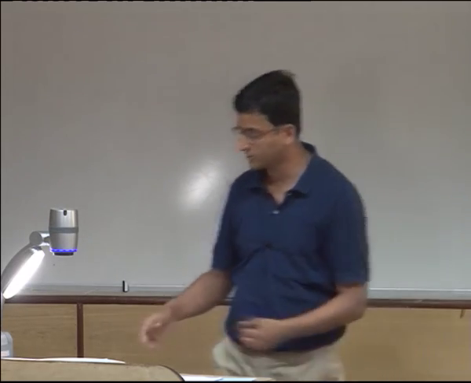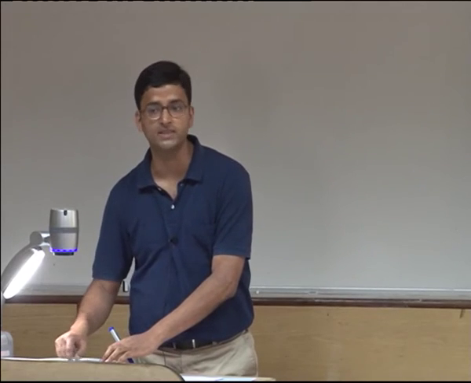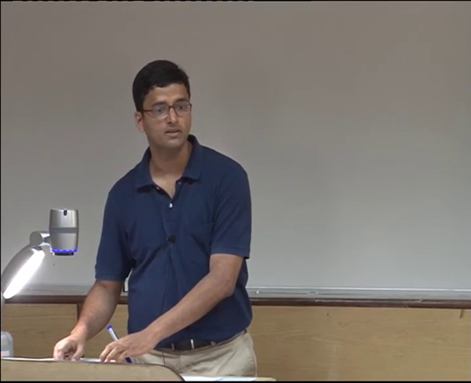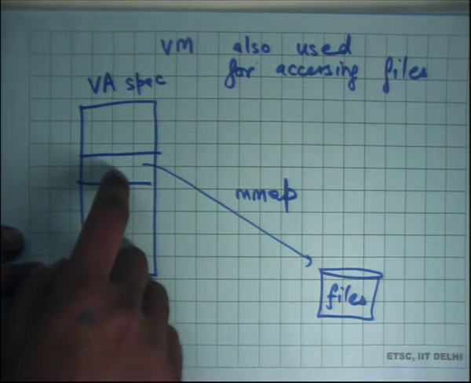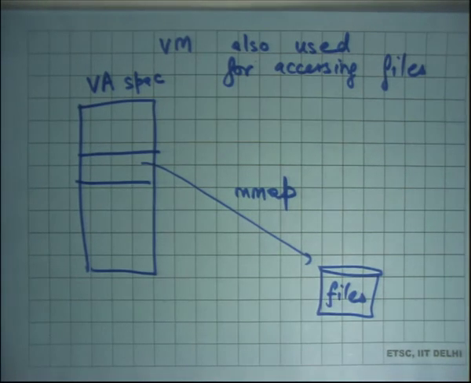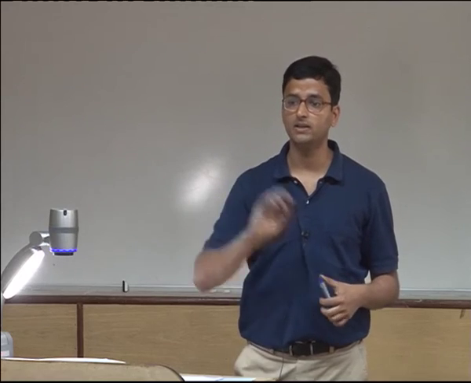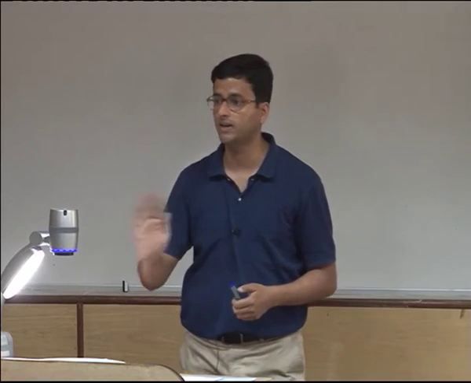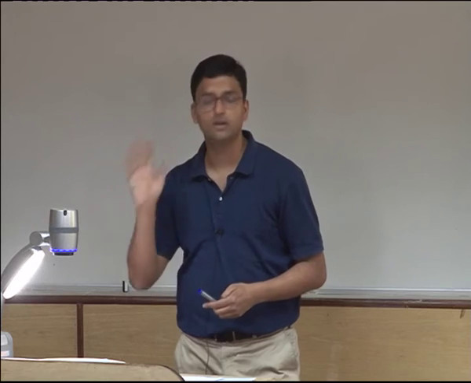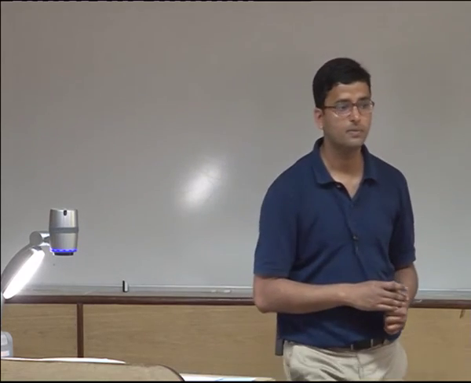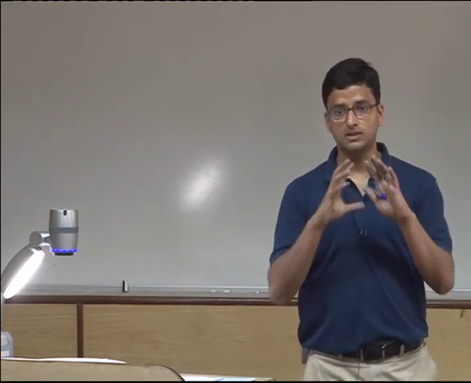To make it efficient, of course, the operating system is caching pages in physical memory, right? So it's not like every pointer dereference is going all the way to the disk. They are being handled by page faults, and pages are being brought into physical memory so that most of your operations are fast, but there are also flushing daemons and page replacement daemons running in the background to basically make sure that the file contents are updated.